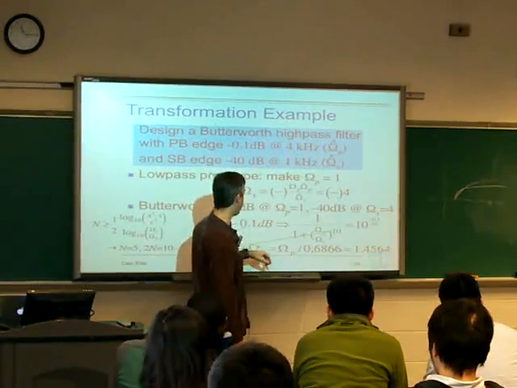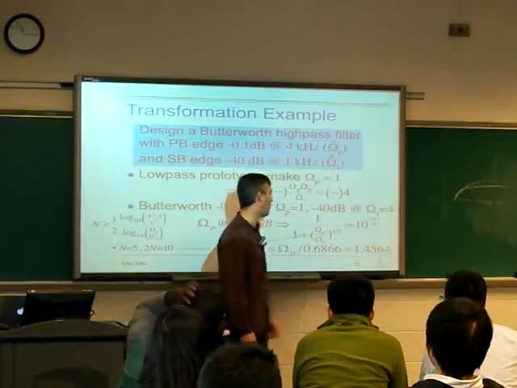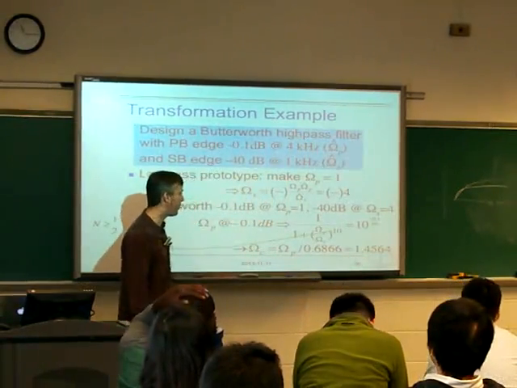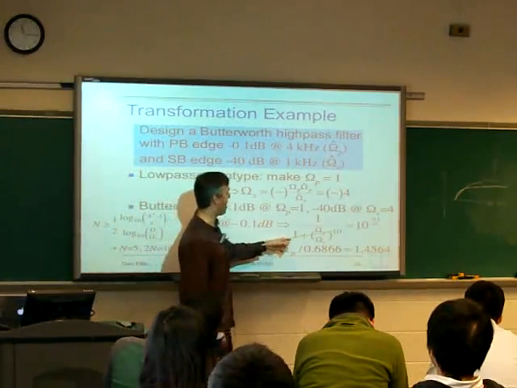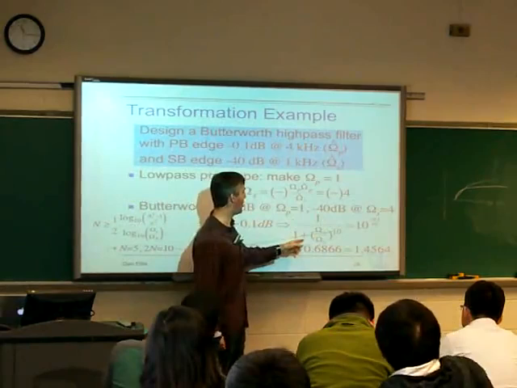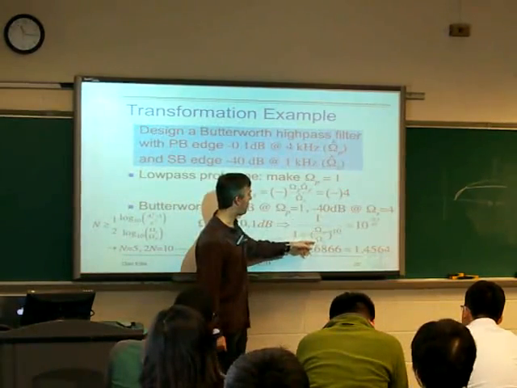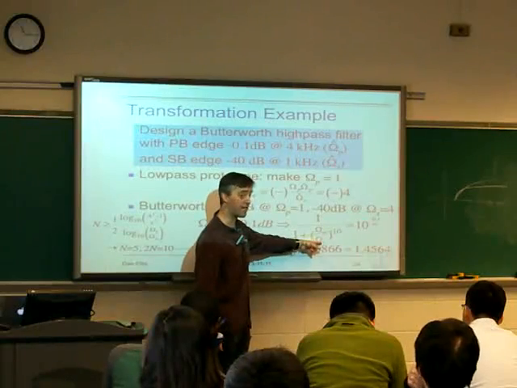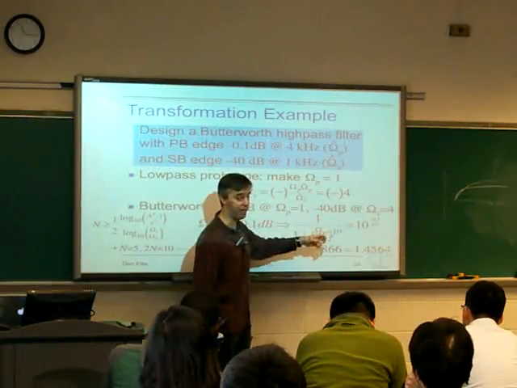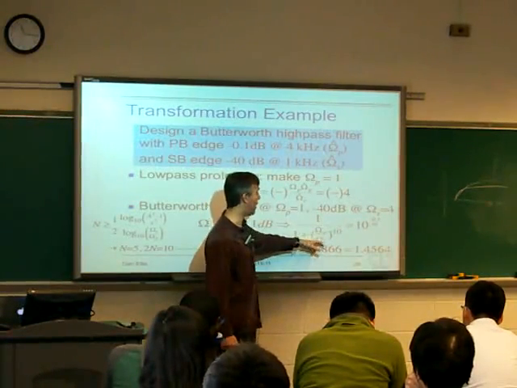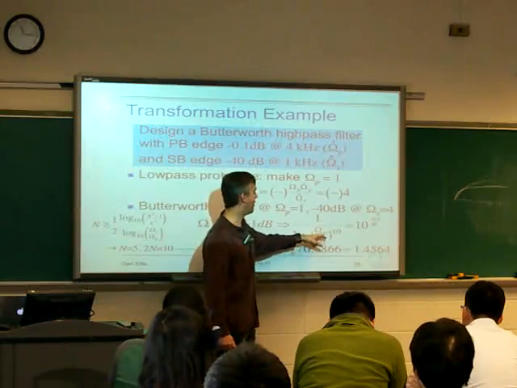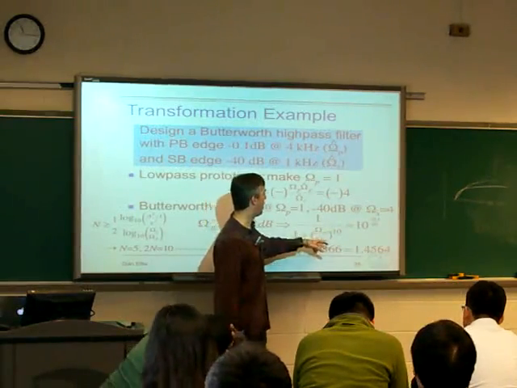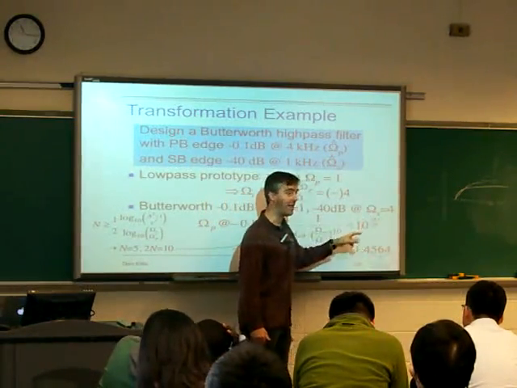So it turns out that the 3 dB point wants to be 1.4564. Hopefully you can see what's going on here. I've just written down the actual equation that's going to solve that. We're trying to find omega c, because that's the parameter that we have for our Butterworth filter, the 3 dB point. But we're saying, if it works, then this frequency omega p will give us this 1 dB down.